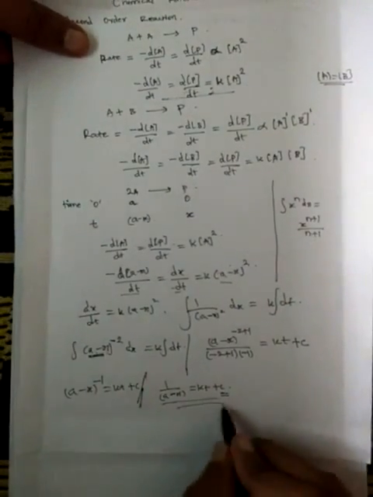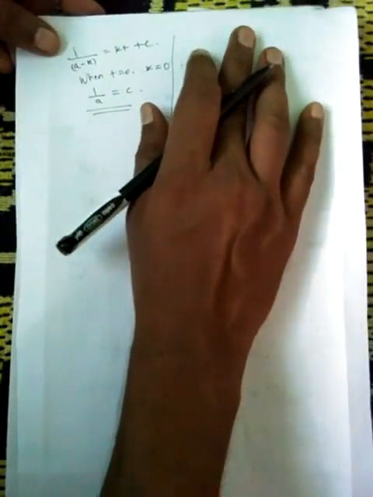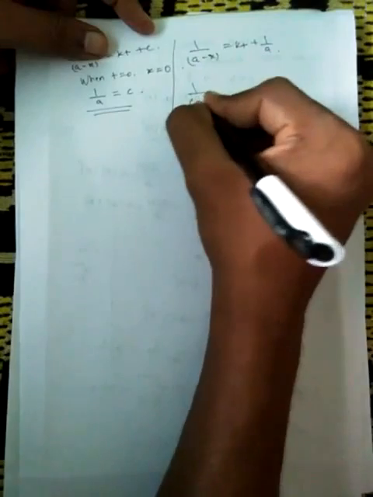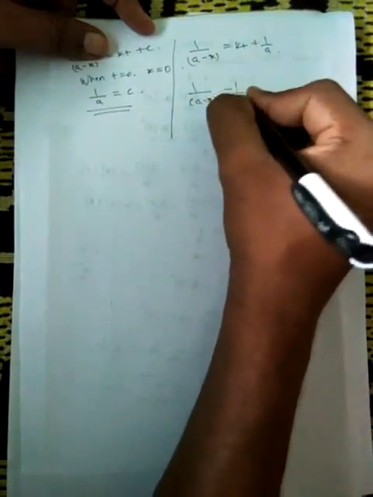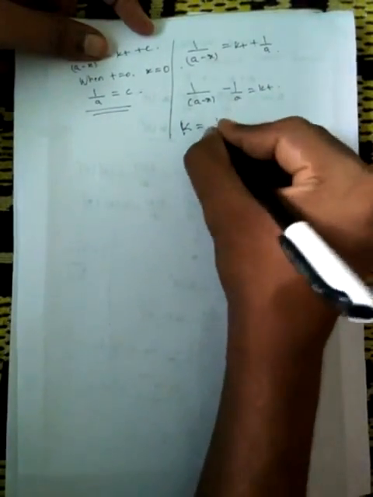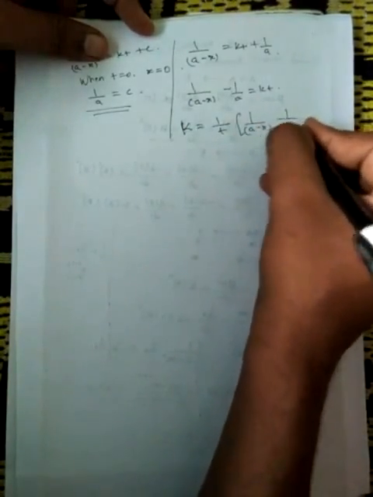Now substitute in this equation: 1 by (a minus x) equal to kt plus 1 by a.